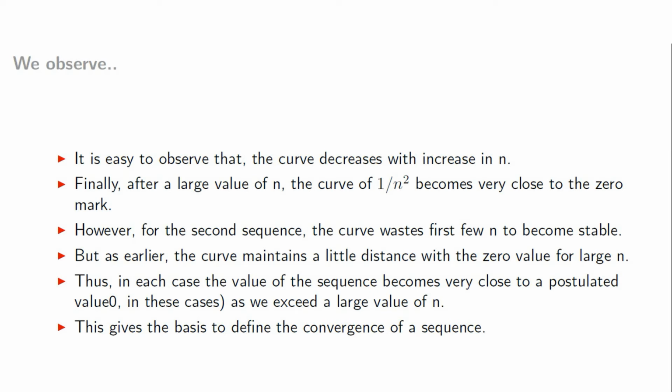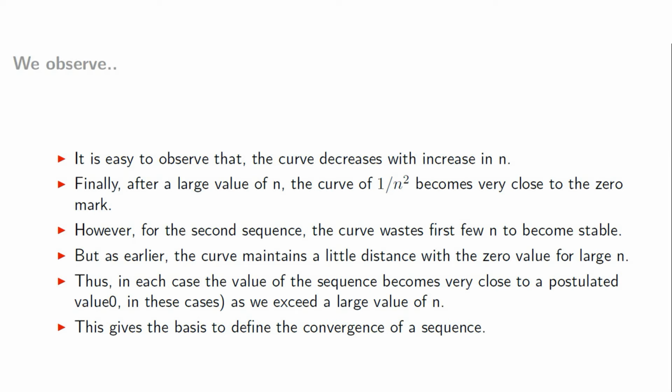Thus, in each case, the value of the sequence becomes very close to a postulated value 0. In fact, this 0 is postulated for the given examples. It might not be possible that for other sequences we get the postulated value as 0. In each case, the value of the sequence becomes very close to a postulated value as we exceed a large value of n.